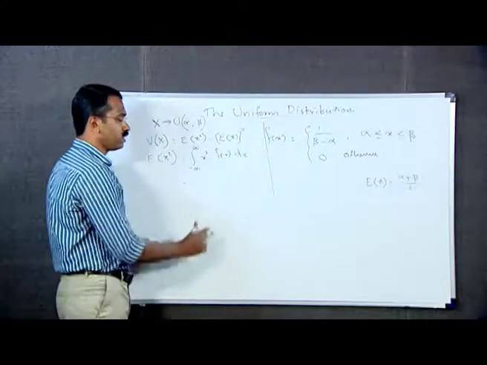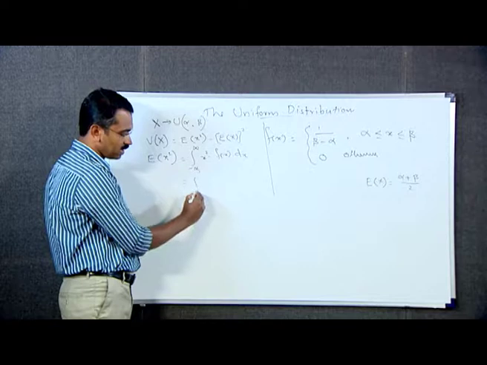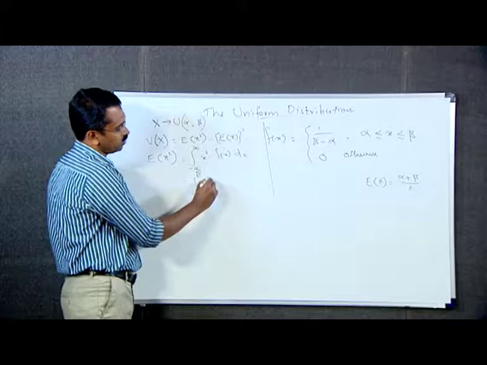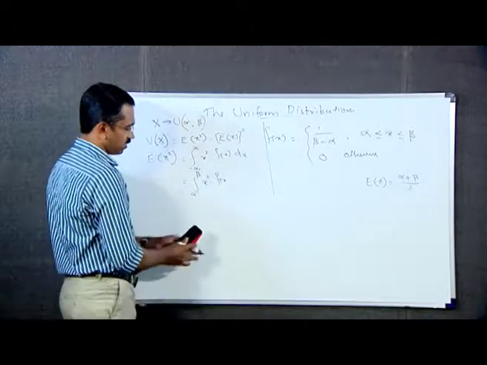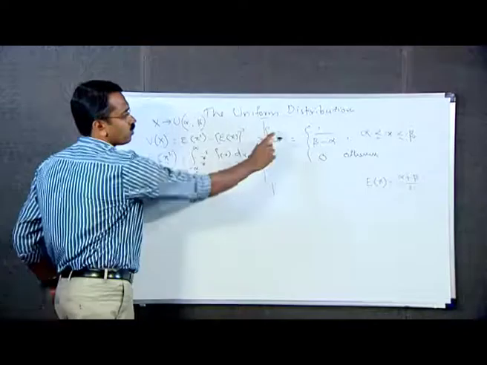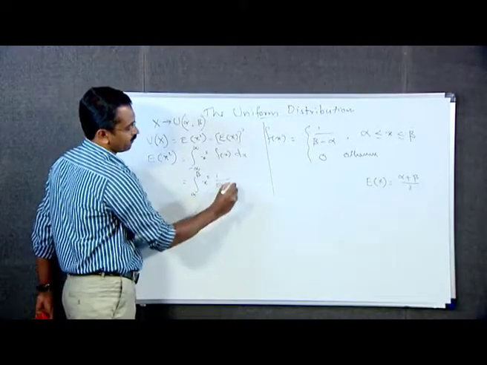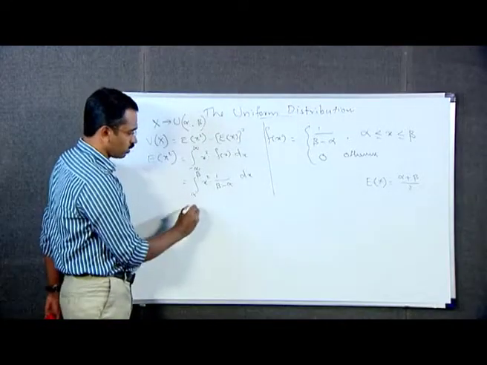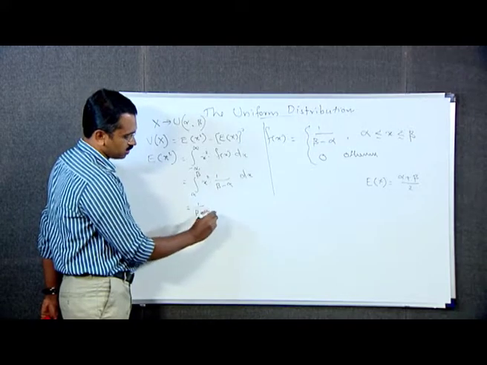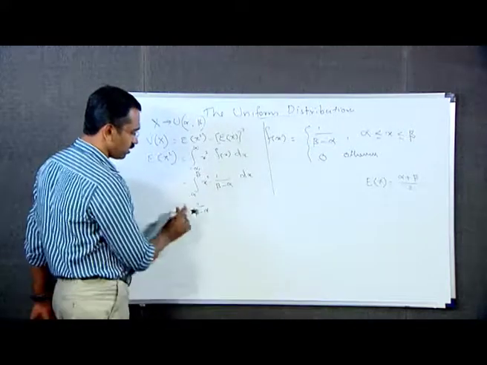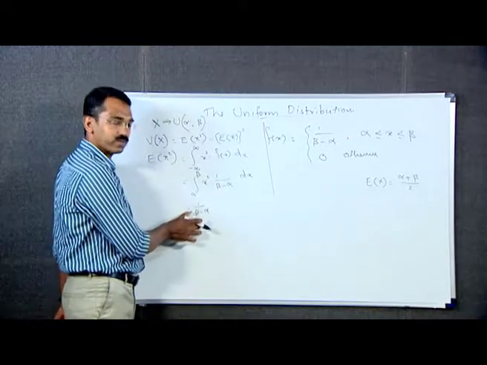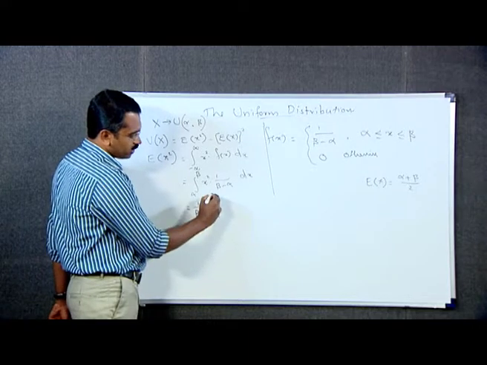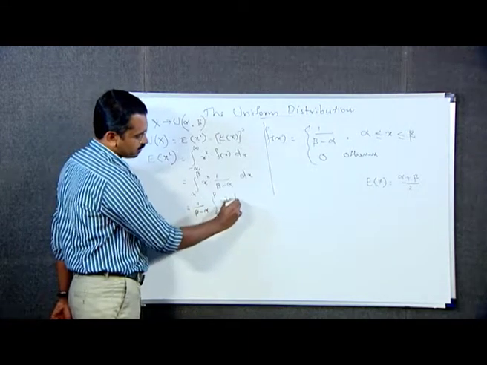Therefore, we have to evaluate the middle integral only, that is integral from alpha to beta x square into f of x dx. In this case, f of x is defined as 1 divided by beta minus alpha, which is a constant that can be taken outside of the integral. Therefore, E of x square is equal to 1 by beta minus alpha into integral alpha to beta x square dx.